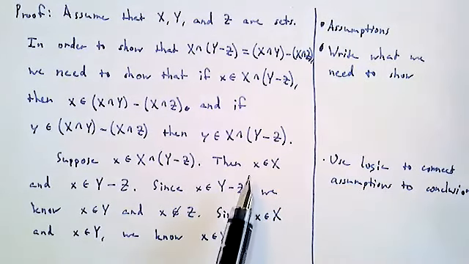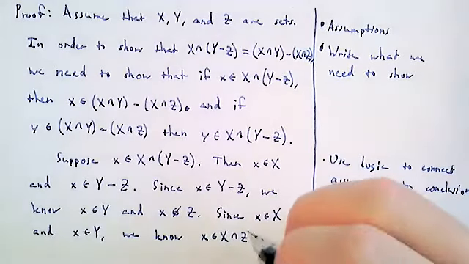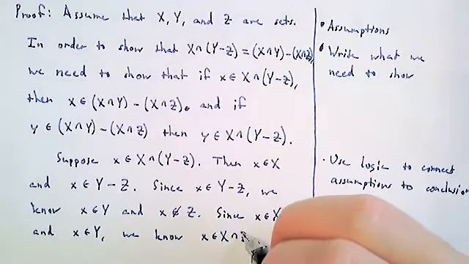And since we know little x is in capital X, but it's not in the set Z, then it's not in the intersection of the two sets. Oops, and this should be Y, of course.